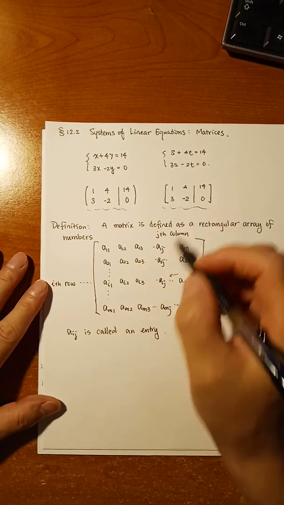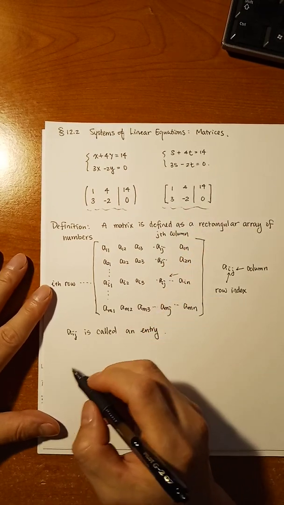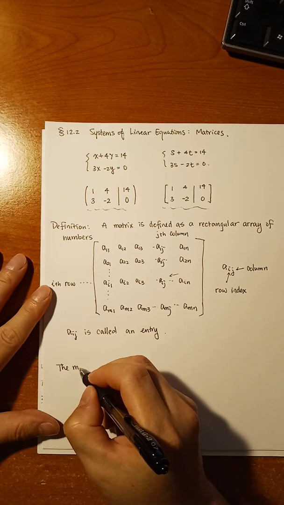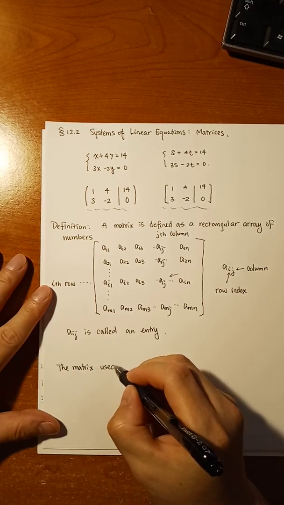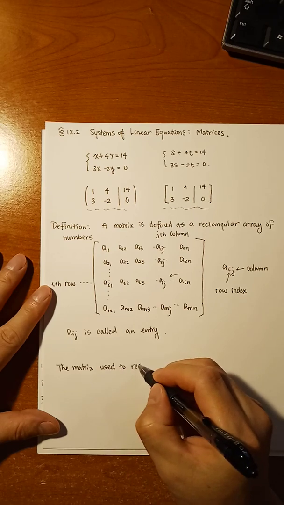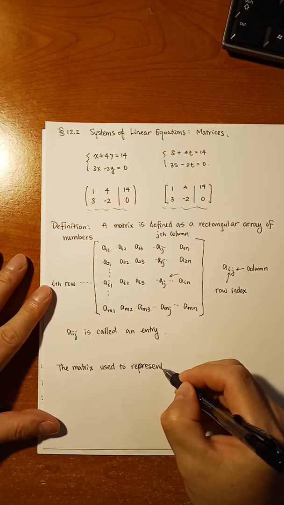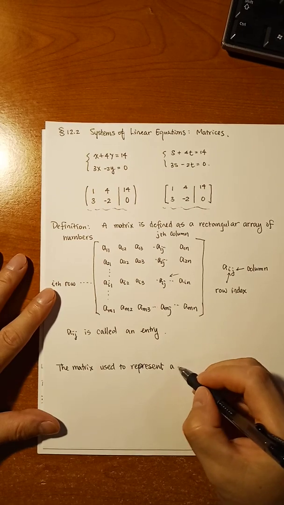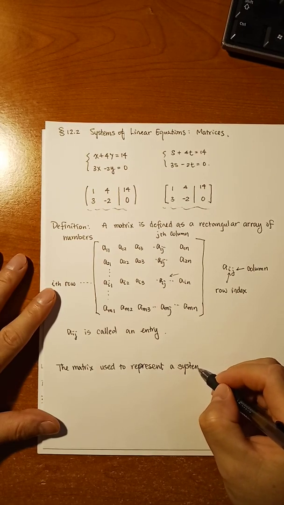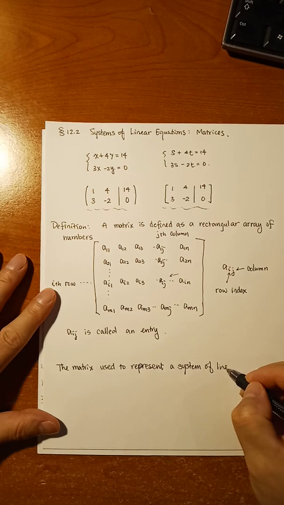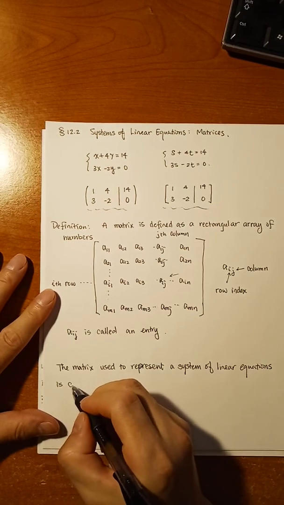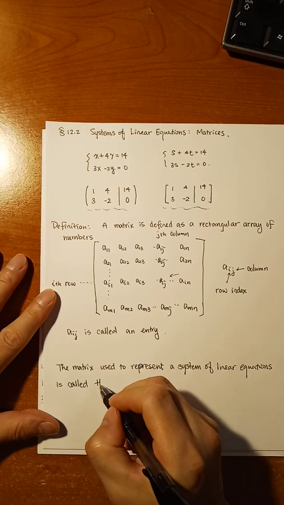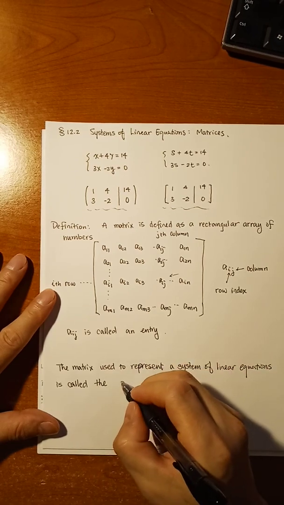And this matrix, the matrix used to represent a system of linear equations is called the augmented matrix.